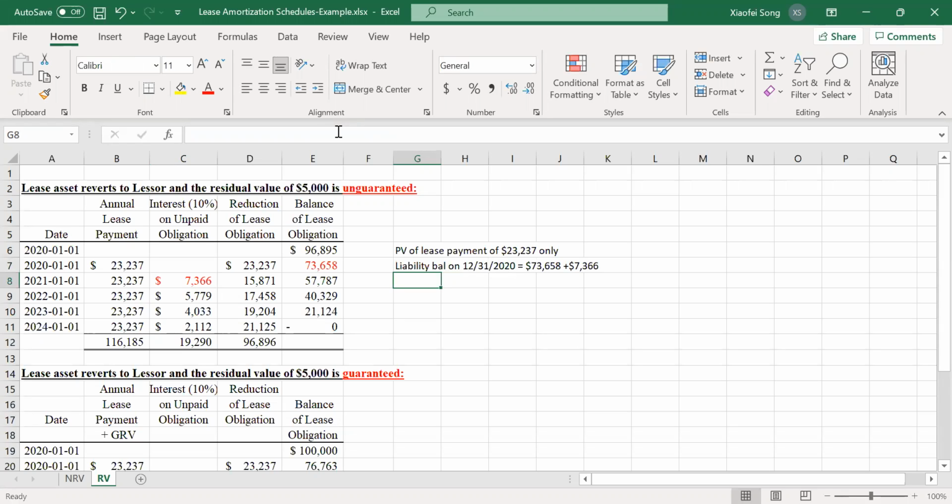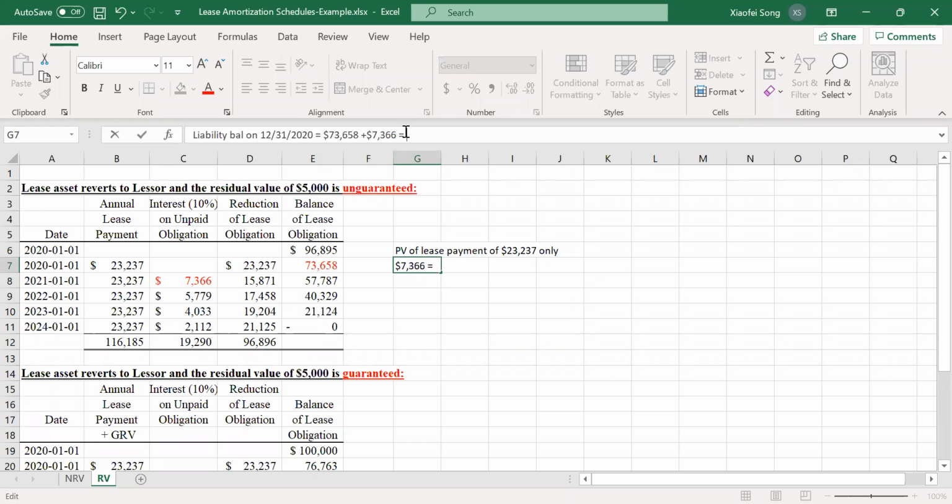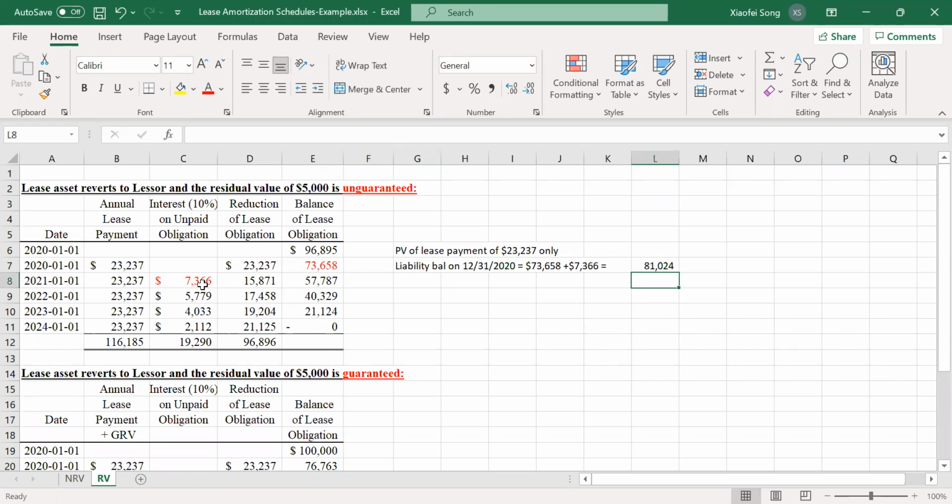If we want to take it a step further, out of that amount, 23,237 is current, and the remaining part is non-current. So that's the liability on December 31st, 2020, okay?